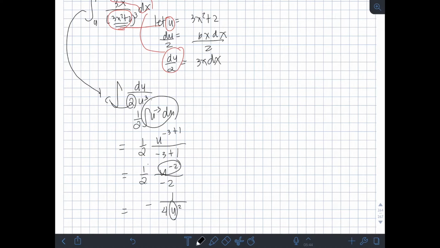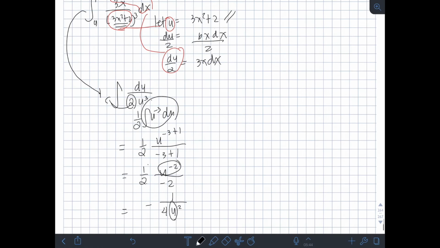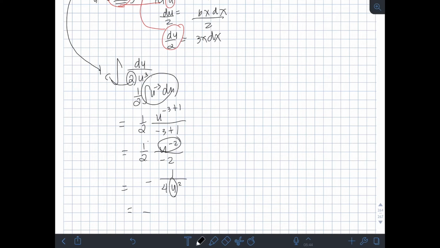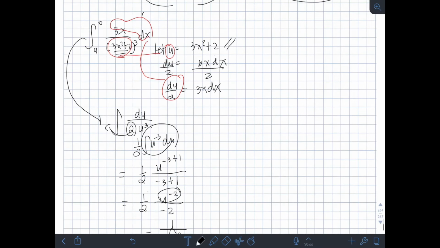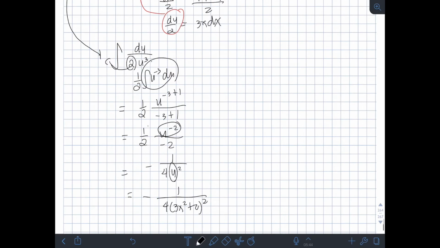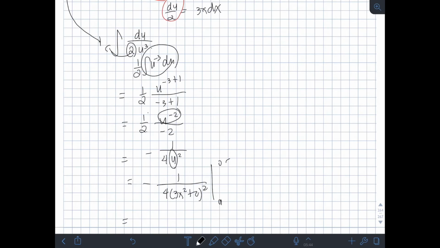Then we return u in terms of x, 3x squared plus 2. So, we get negative 1 over 4 times (3x squared plus 2) squared. Then we evaluate at the lower and upper limits from a to 0. So, substitute 0 for x: negative of 1 over 4 times (3 times 0 squared plus 2) squared.